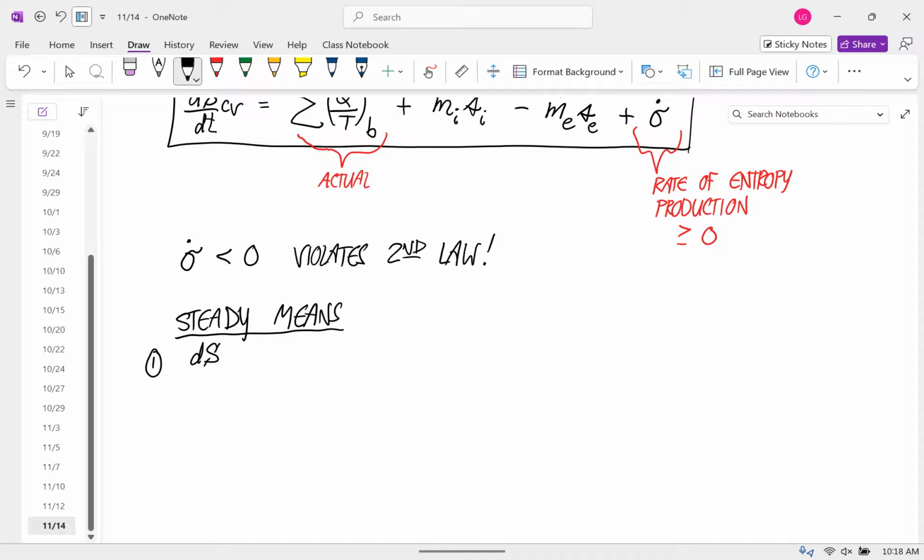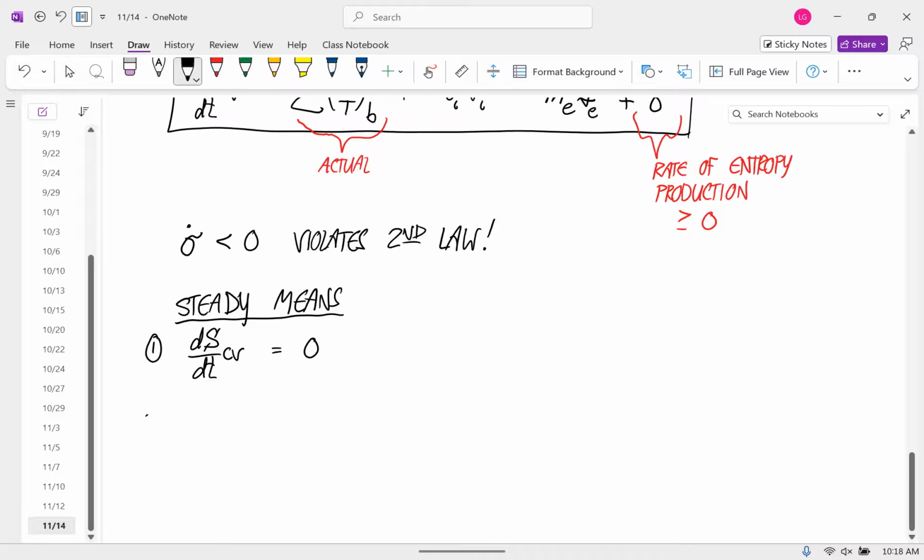So d big S dt inside the control volume is 0. Extensive entropy is a property, so there's no change in time if it's steady state. The second one has to do with the mass flow rates. So m dot at the inlet is equal to m dot at the exit, and we'll just call it m dot.